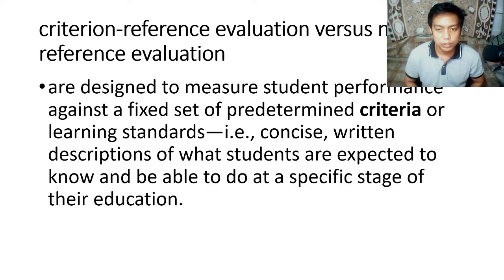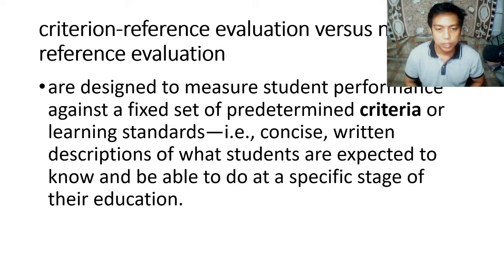Other examples are written exams, like the periodical mastery exam in high school, and in college the midterm and final examinations. Also, if you take a university or college entrance exam, that would fall under criterion reference evaluation because you are being evaluated individually, not as a group.